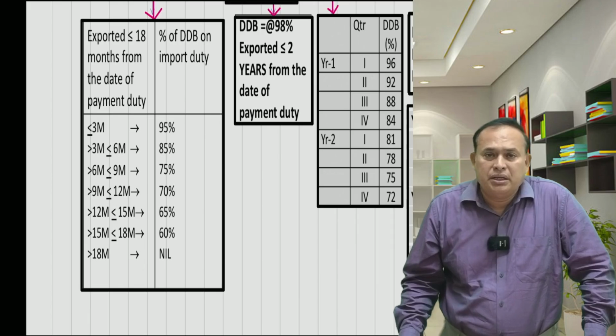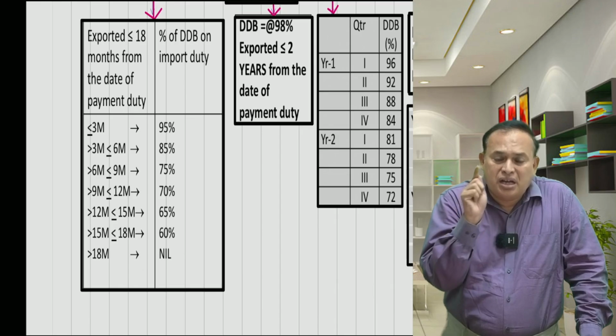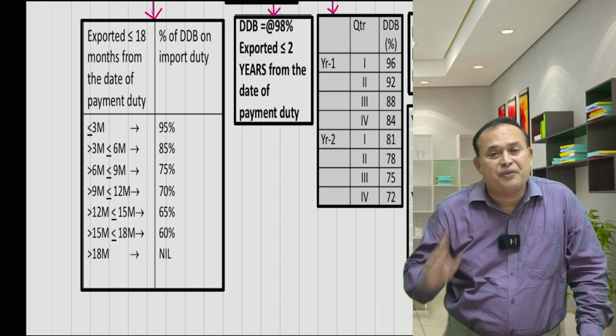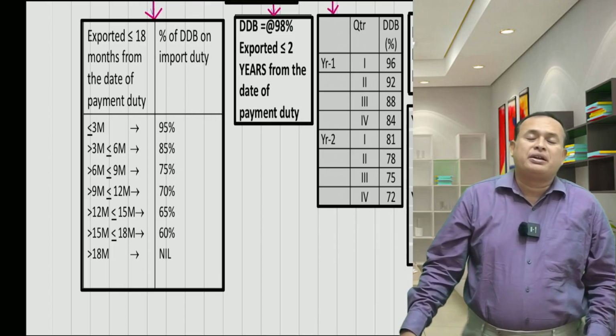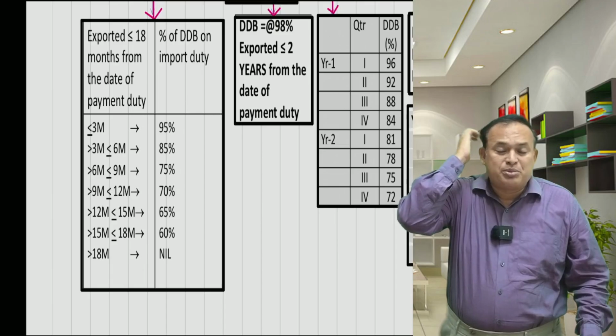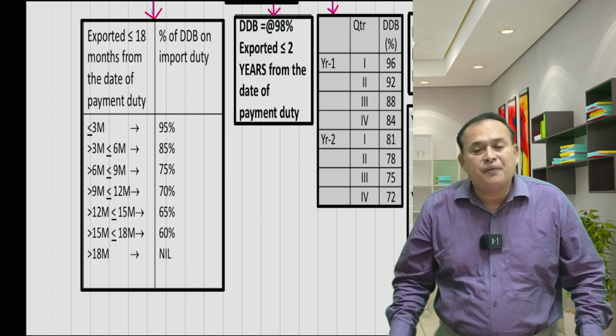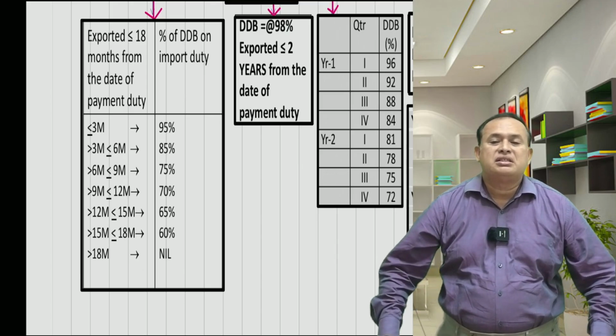Now please come back. Of the duty I suffered, 95% will be allowed if I re-export after use within 3 months from the date of payment of import duty. If within 6 months, 85%. Within 9 months, 75%. Thereafter, within 12 months, 70%.